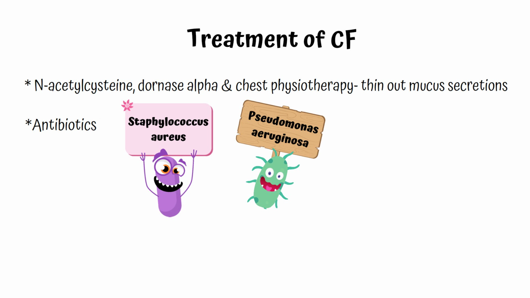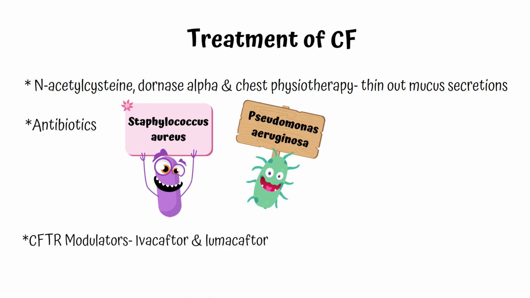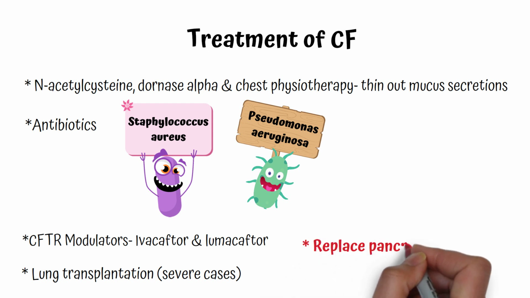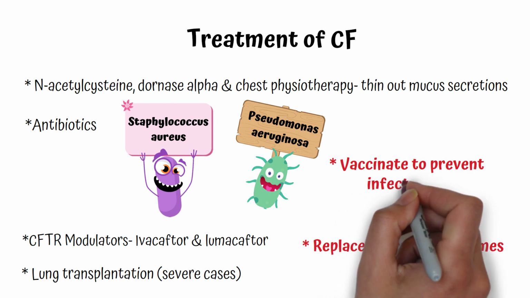CFTR modulators like ivacaftor and lumacaftor can be used to restore the flow of chloride ions via CFTR proteins. Lung transplantation also has a place in the management of severe cases of cystic fibrosis. We can also replace pancreatic enzymes and vitamins in malnourished patients and also vaccinate to prevent infections.